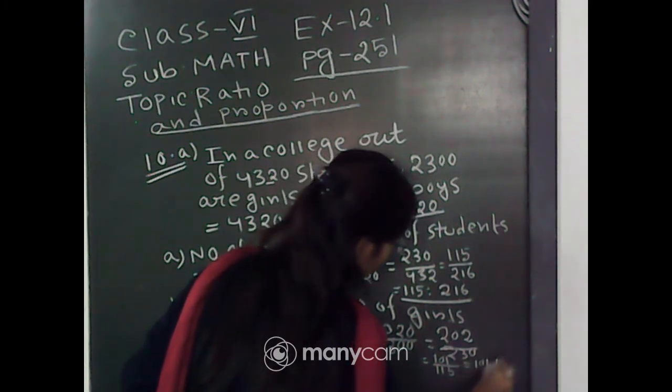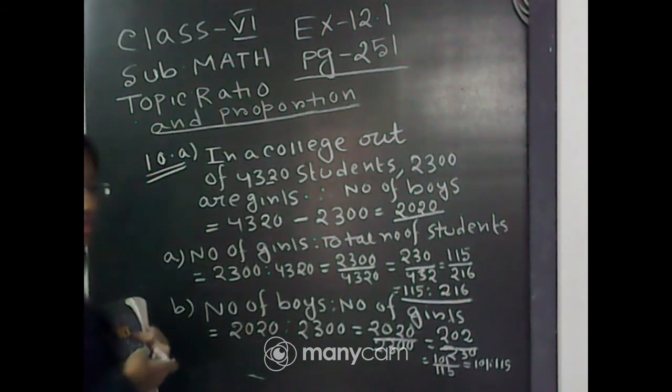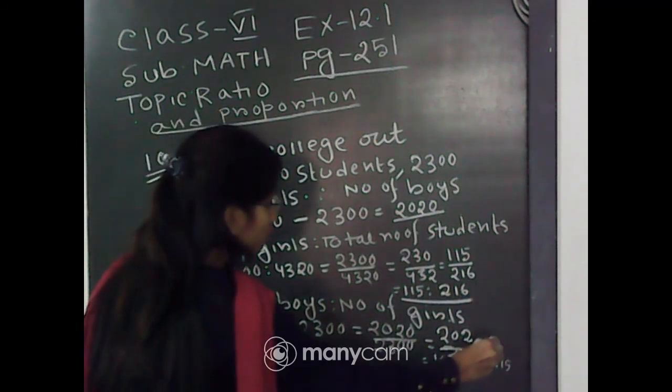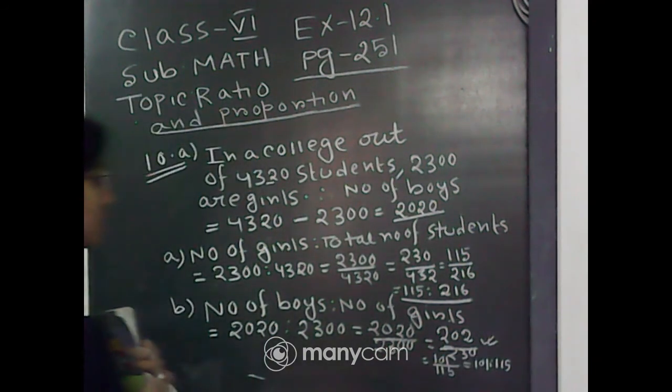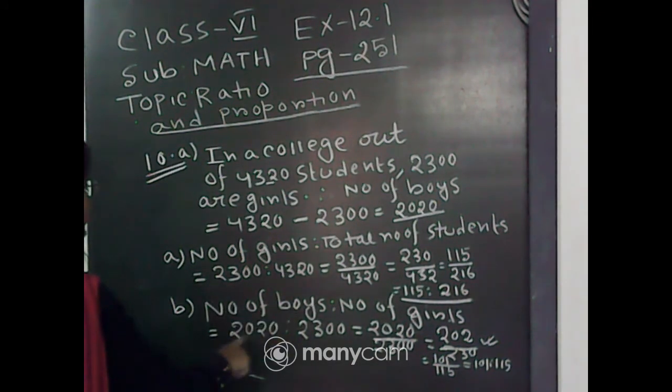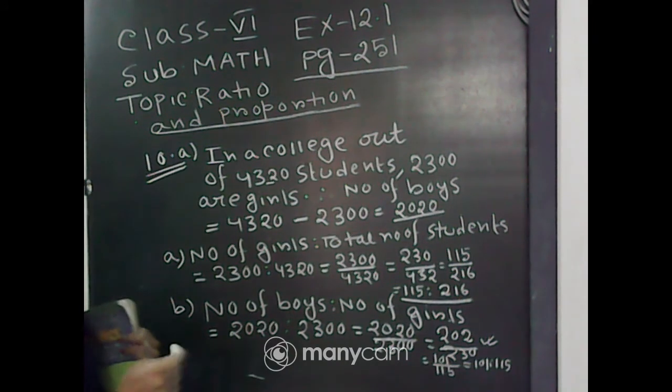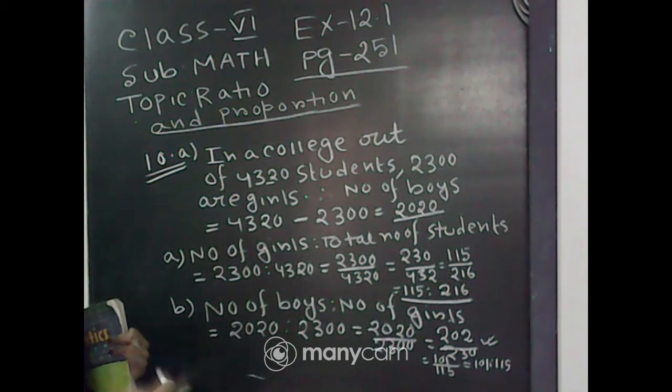Again we divide both the numerator and the denominator by 2, and we get the required ratio is 101 is to 115. Since number of boys is 2020 and number of girls is 2300, therefore the required ratio is 101 is to 115.